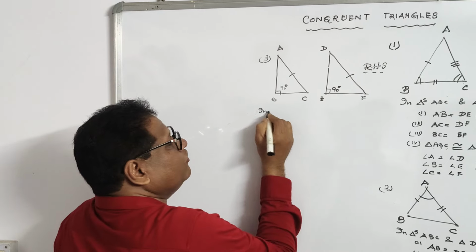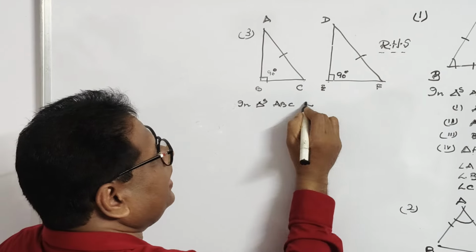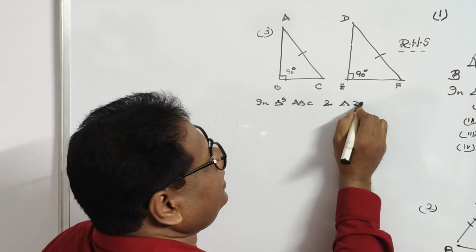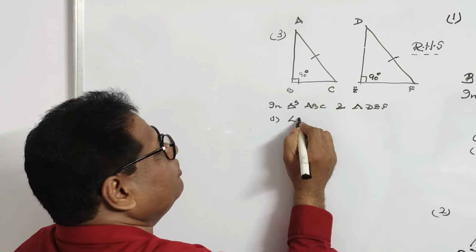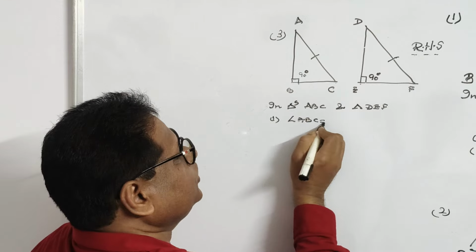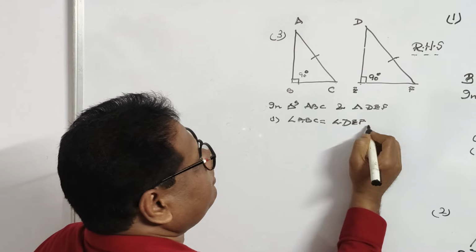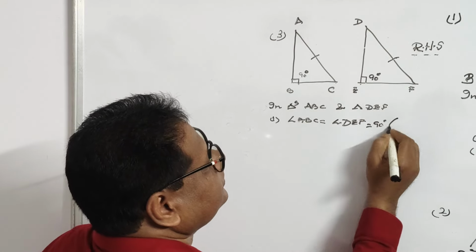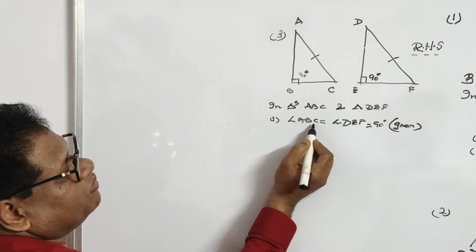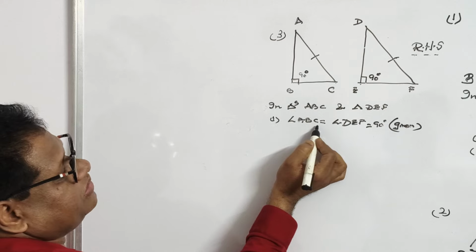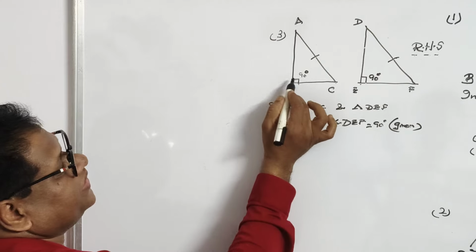Now again we are going to express the triangles. In triangles ABC and triangle DEF, first, angle ABC equals angle DEF. That means 90 degree. So this is given. So please write the angle in a proper way. Angle ABC means the angle is at the central point, that is the vertex B, where the angle is here.